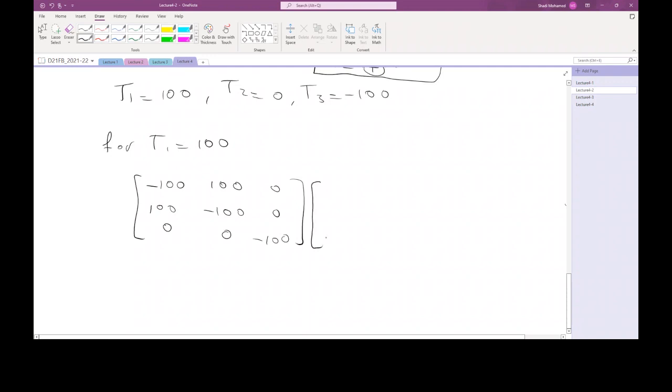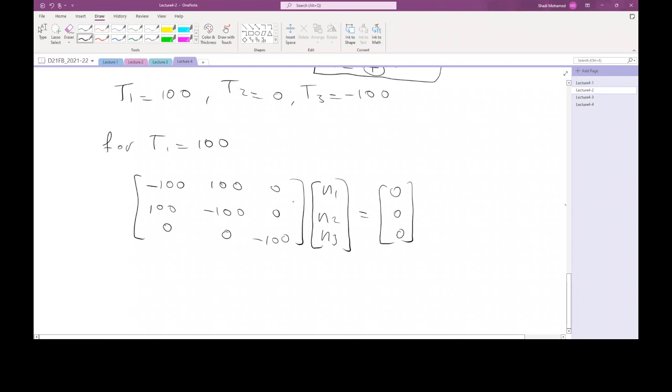Now, the direction of this is n1, n2, and n3. I don't know the values of n1, n2, and n3, but I know that this multiplication should be equal to zeros.